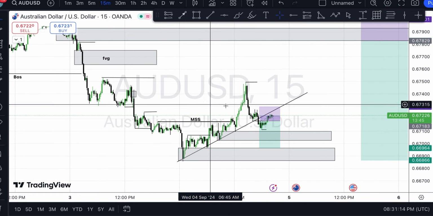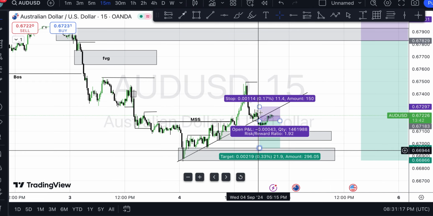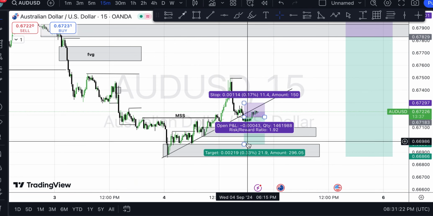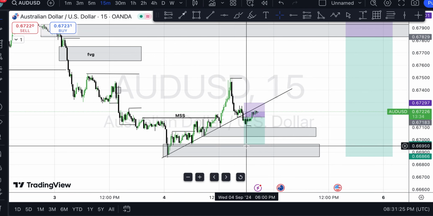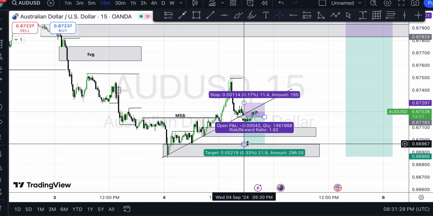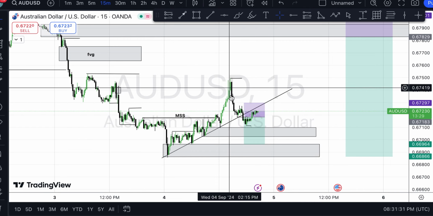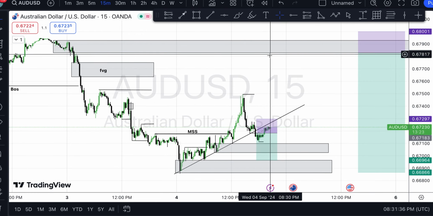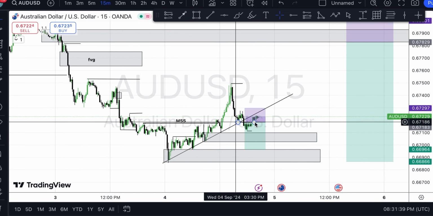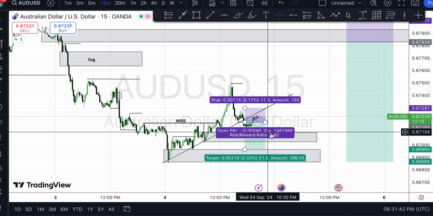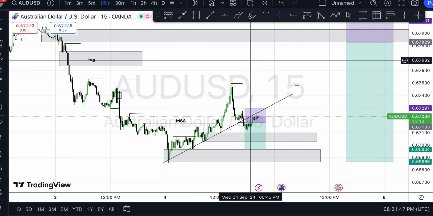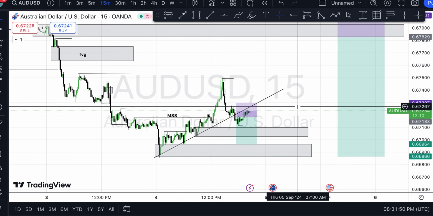But before price does that, price will have to find a way of coming down to a cheaper, more discounted zone before it buys to this zone. So that's what price is trying to do, just trying to find its way down to this place before buying. And sometimes it might just go up because of fundamentals. So that's how this works.